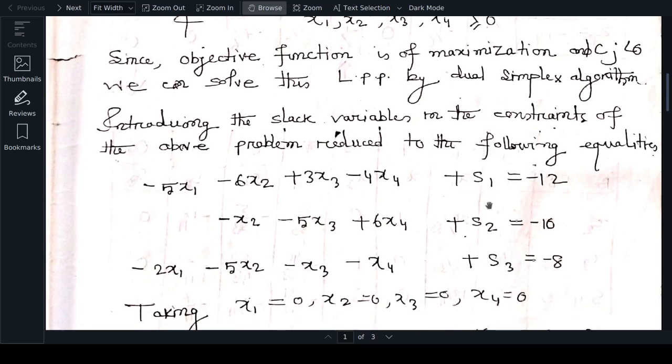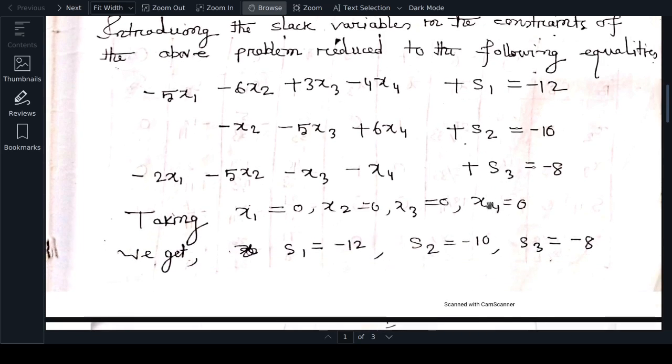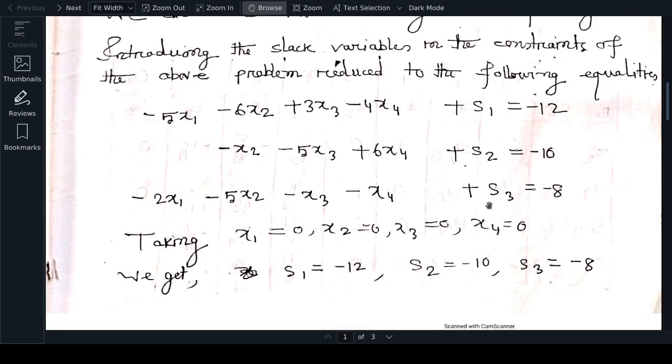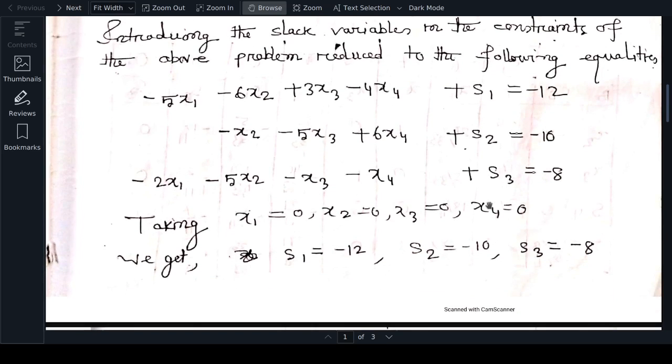So next, how many equations and how many variables? Here you see 3 equations and 7 variables, right? So for solving this, we take 4 variables equal to 0, meaning 7 minus 3 equals 4. Which 4 variables are equal to 0? X1, X2, X3, X4.